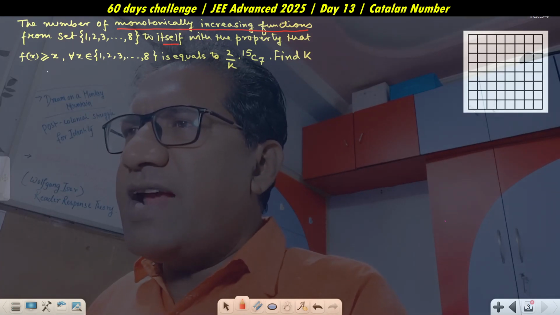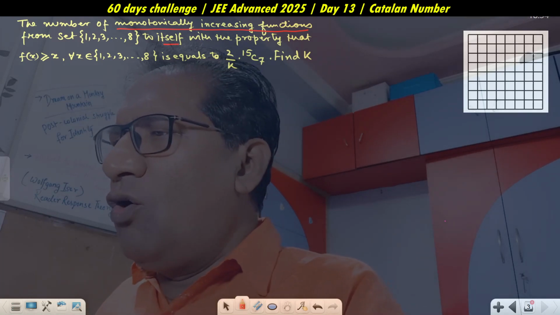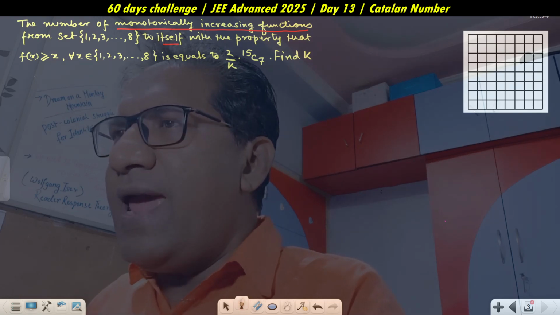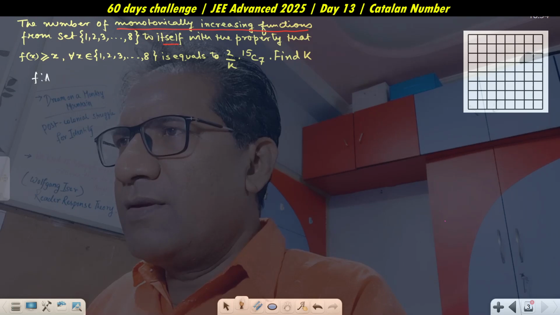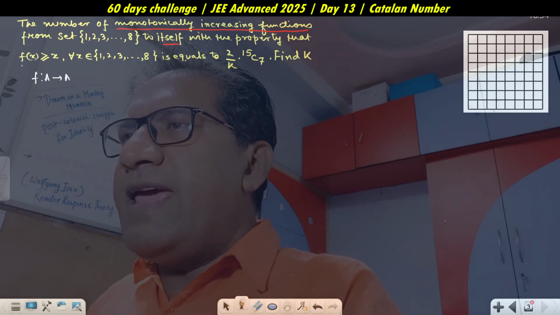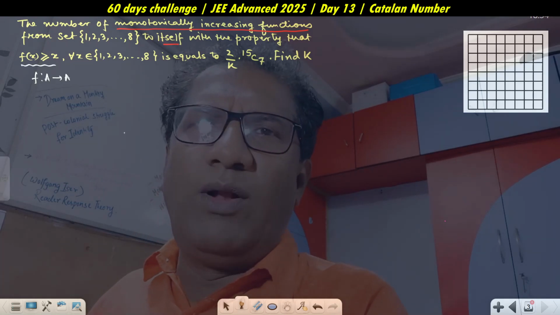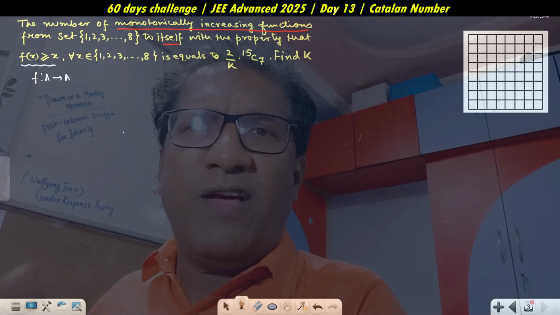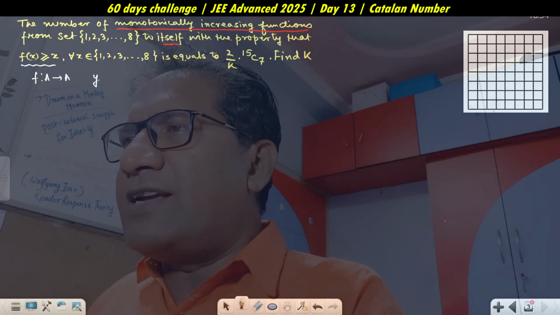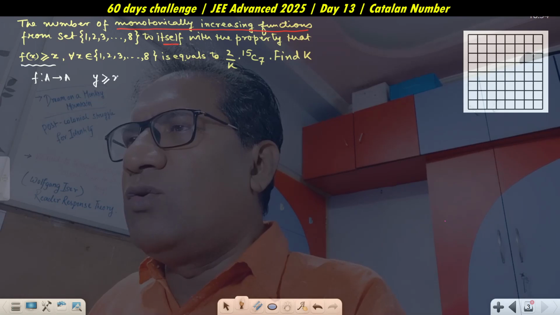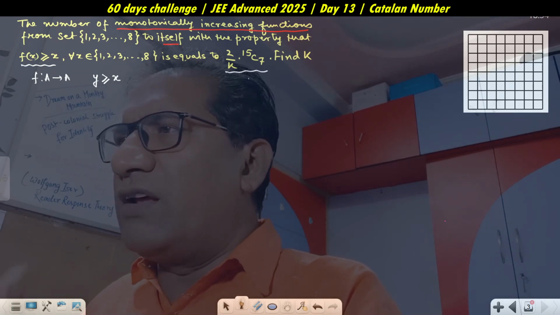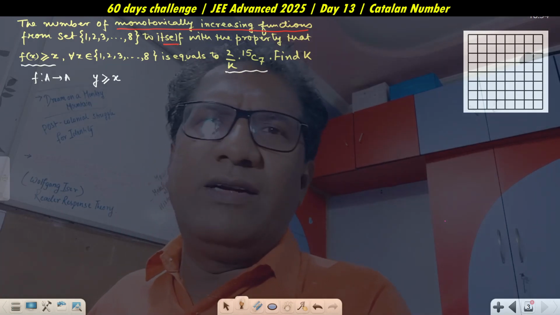Means if this set is A, then your function is defined from A to A, with the property that f(x) is greater than or equal to x. What is f(x)? f(x) is basically your y. So in this case, we have been told that y is greater than or equal to x, equals to this thing, whatever they have given. Now you have to find out the value of k.